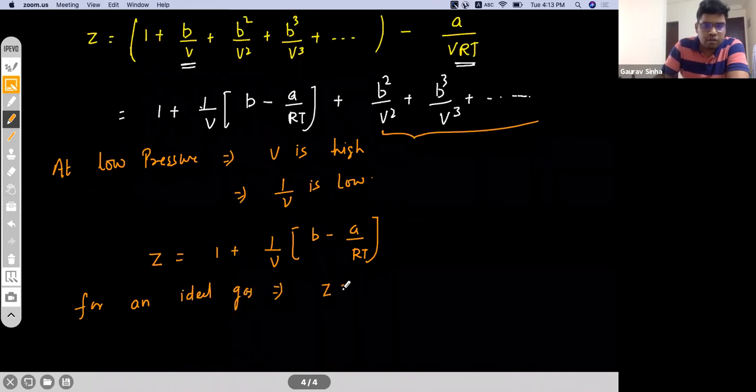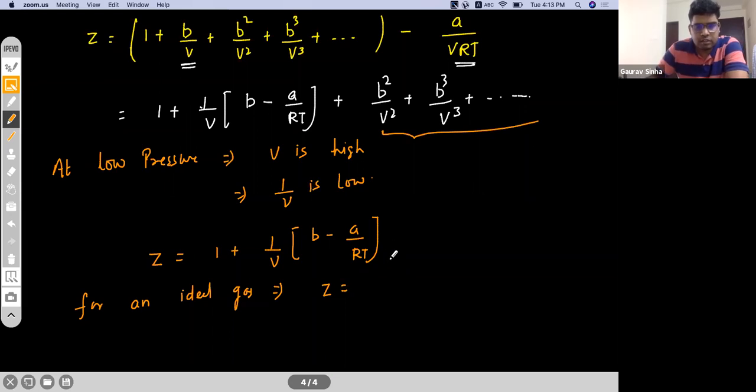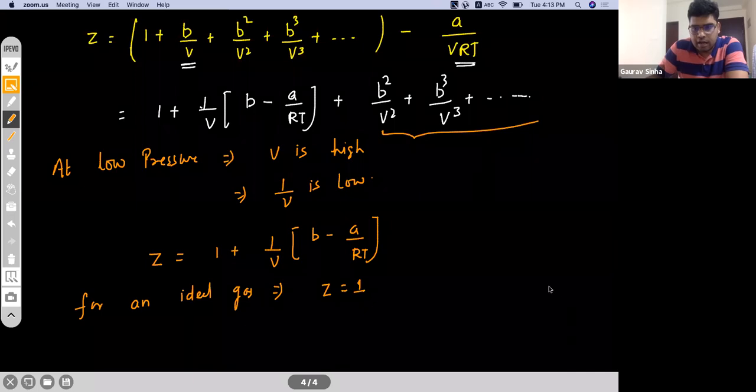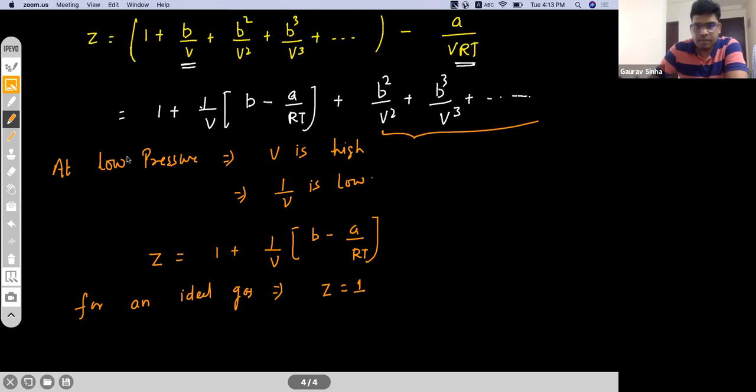Z value should be 1, correct? And in this expression, for Z to be 1, this term should be 0. Yes or no? Then only Z will be 1, correct?